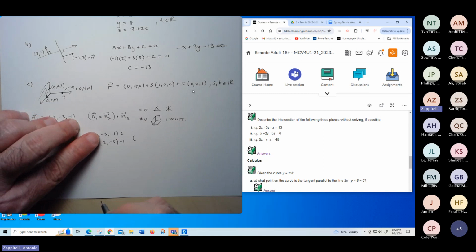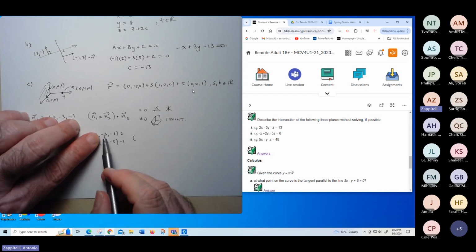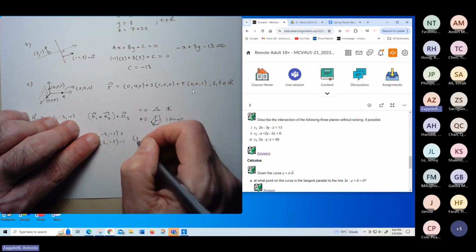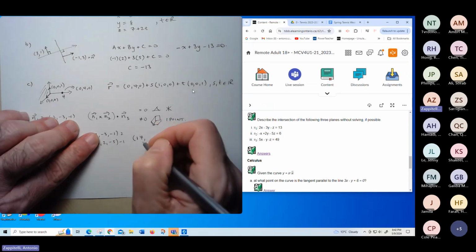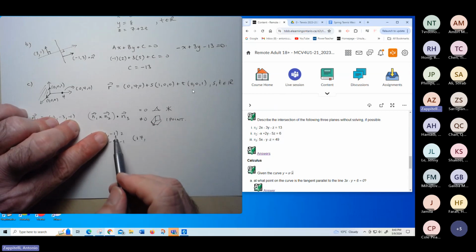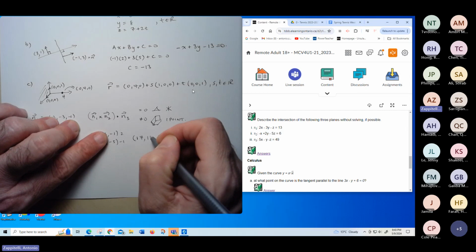So remember, hide the x's. So what do we have? We have -3 times -5, so positive 15, minus -2, so plus 2. So that's 17. Okay, then hide the y's. And you have positive 1 minus -10, so 1 plus 10 is 11.